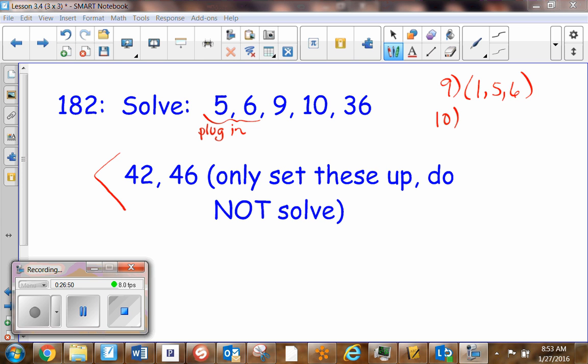Number 10, the answer is -3, -1, -1. Number 6 is going to be -0.5, 1.